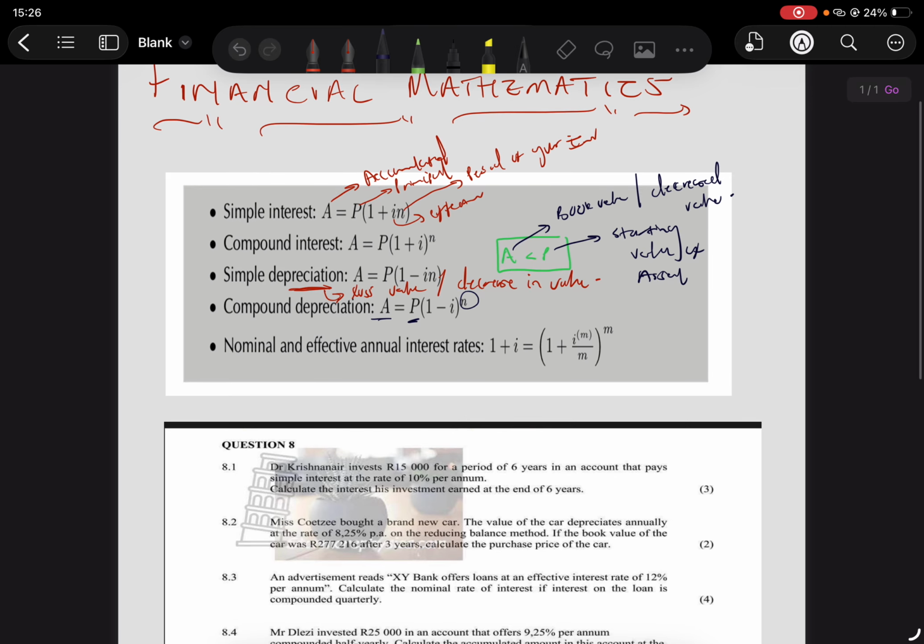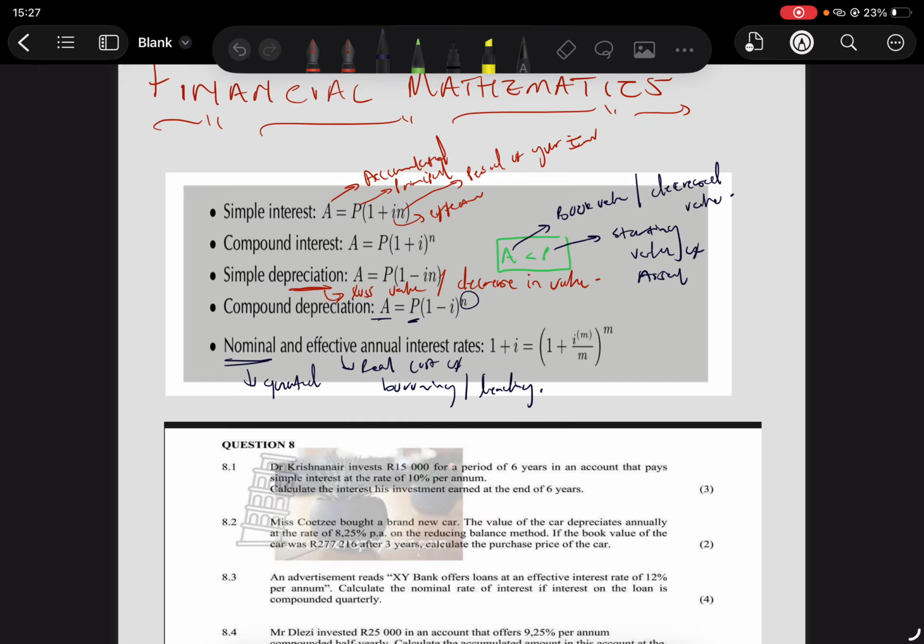Nominal and effective annual rate of interest. When we speak of nominal, this is the quoted interest, and then effective is the real cost of either borrowing or lending, right?